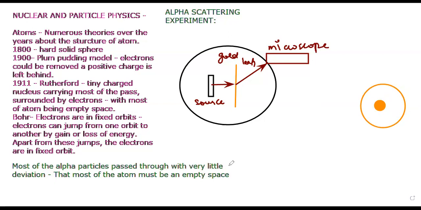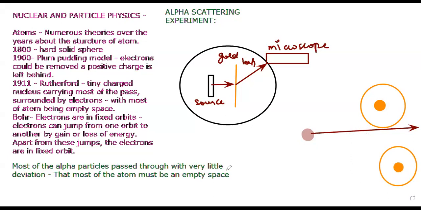So they concluded that the majority of the atom must be empty space. Now, what happened after that? Then they started to see some quite interesting deflections, and they were not expecting these deflections, right? These deflections were very interesting for them since they were not expecting them to happen.